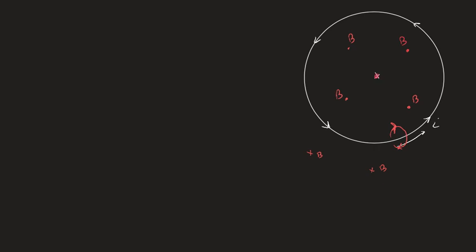Now, this point in the center, we'll call it just point P for now. We are interested in the magnetic field produced there. I think we'll establish that we are in the center of the current loop. So this is, I'll say R, the radius of the loop.